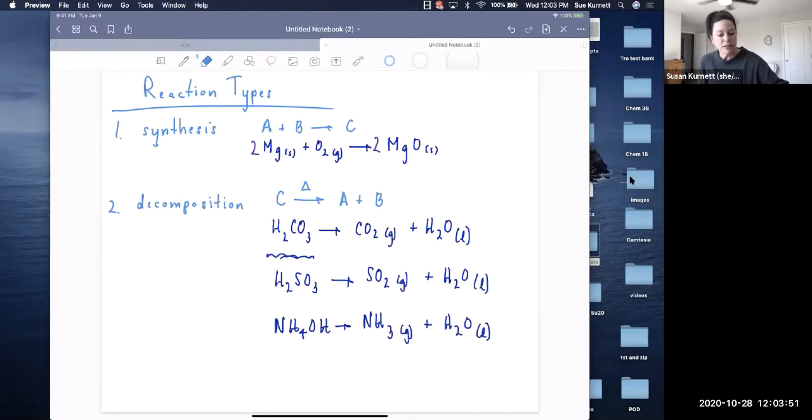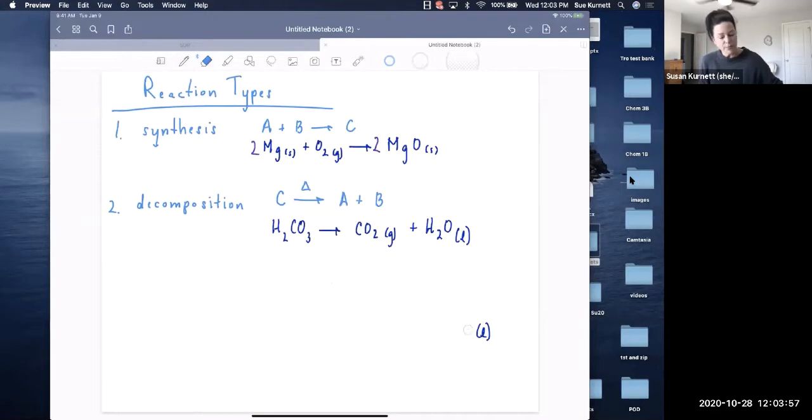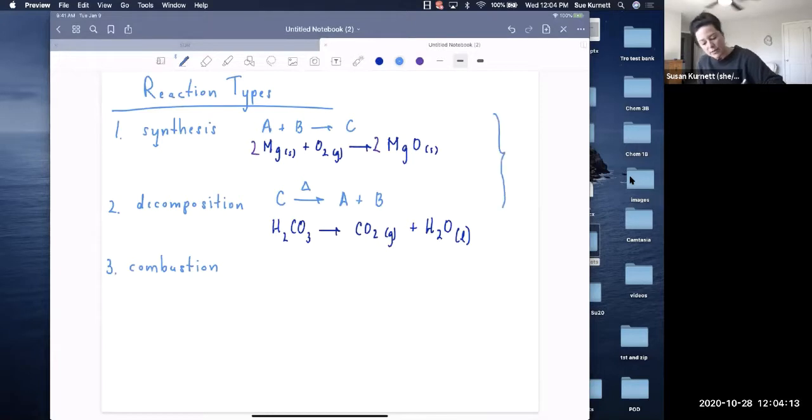Okay, so decomposition is just something larger, breaking down to form smaller, one thing breaking down to form 2 or 3 things. A third reaction type is combustion. For combustion, you'll be told what the fuel is, and then you need to be able to balance that. So for the first 2 types, you're going to be told what the reactants and products are.